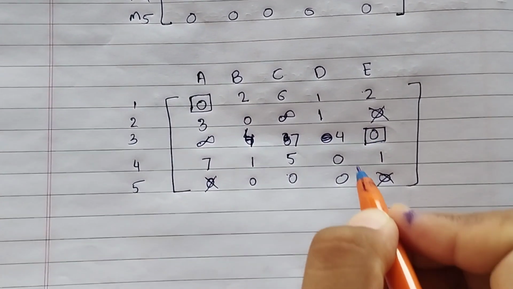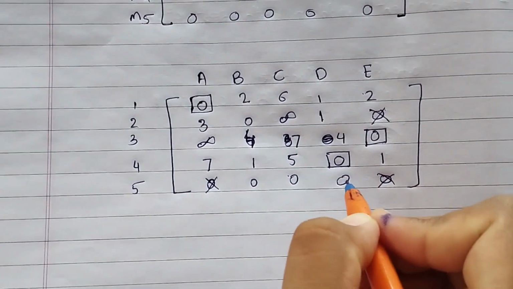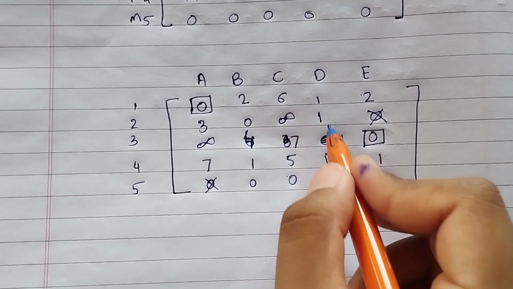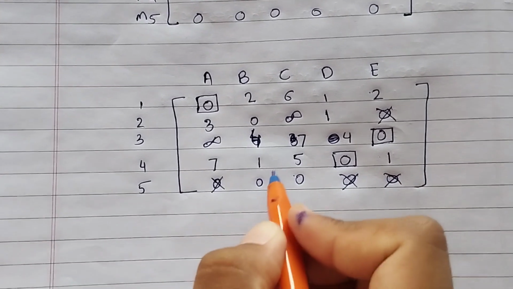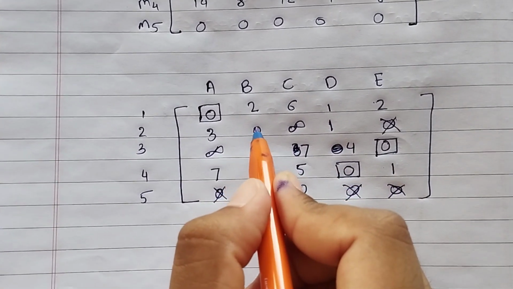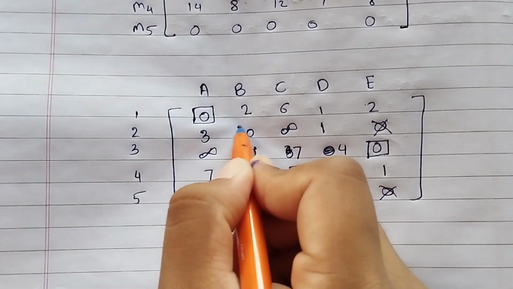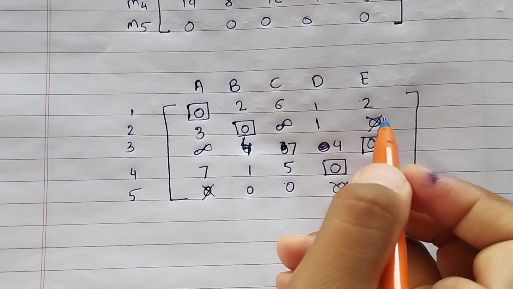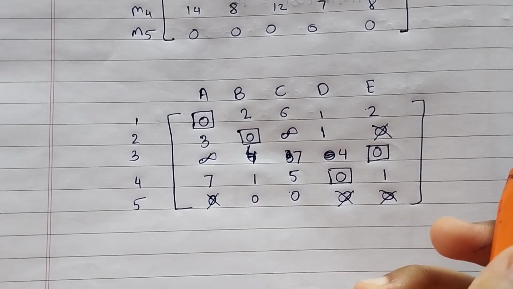Now we move to the next row. In the fourth row, again one 0 is present. We cross off all the zeros with respect to that assignment. Now we check the remaining rows. If we see carefully, in the second row a single 0 is present, because the second 0 was crossed off by the third assignment.